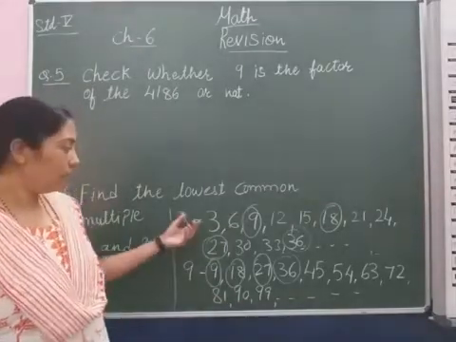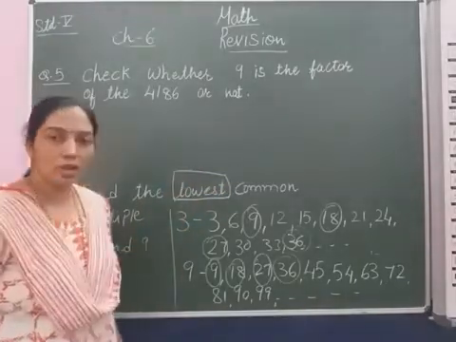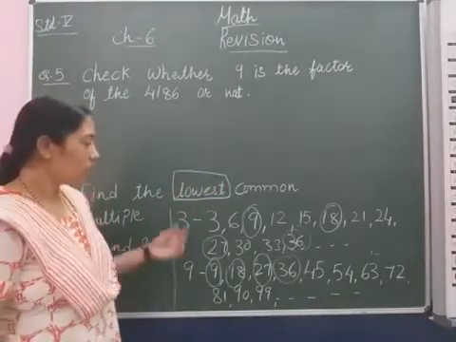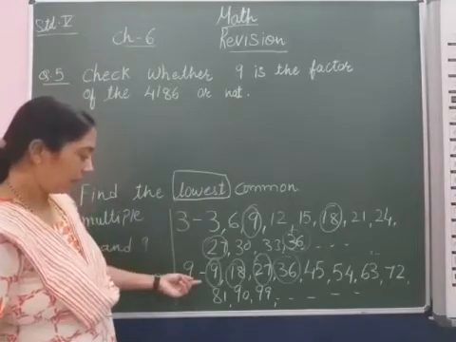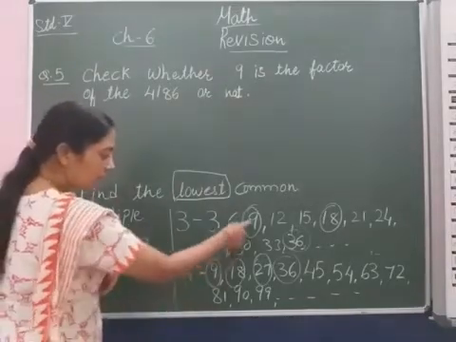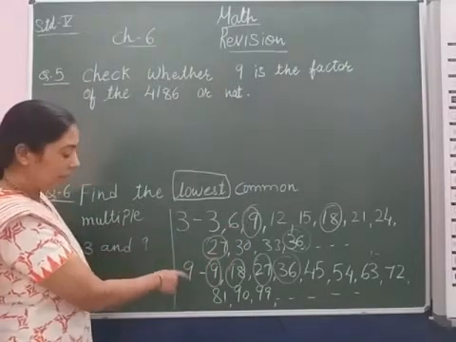But here the question is asked for the lowest common multiple, so the lowest common multiple is only one. That lowest number is 9, common for both numbers 3 and 9.